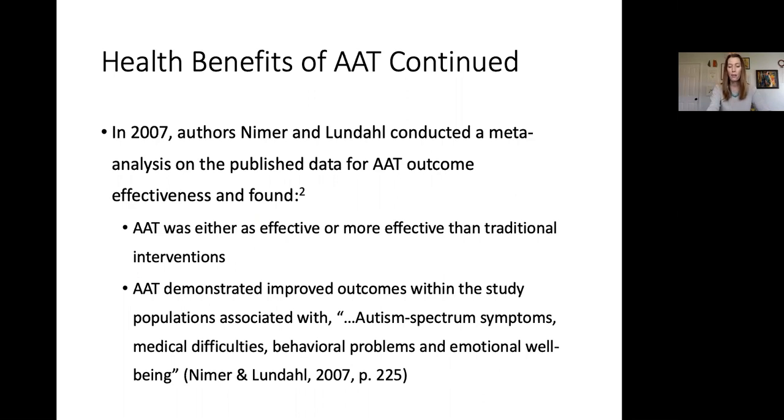This is when we found that the animal-assisted treatment programs were either as effective or more effective than the traditional interventions within the setting that they were looking at. They found that they were especially successful when they were looking into patient populations concerning autism-related illnesses, medical difficulties, behavioral problems, emotional well-being, and the like.